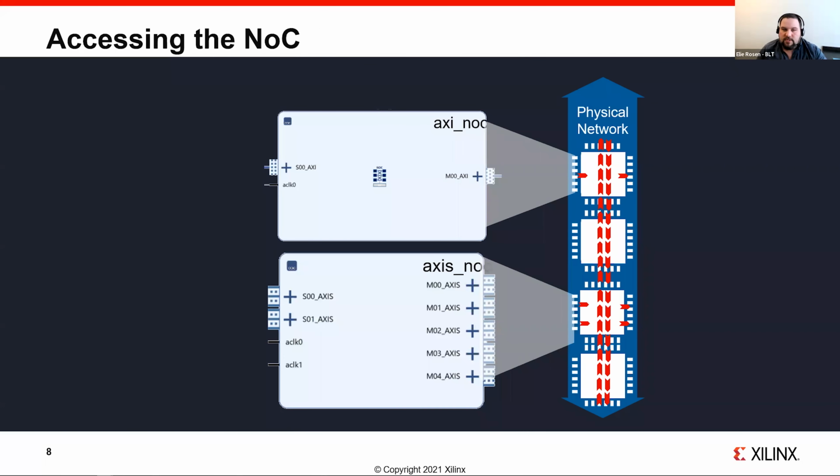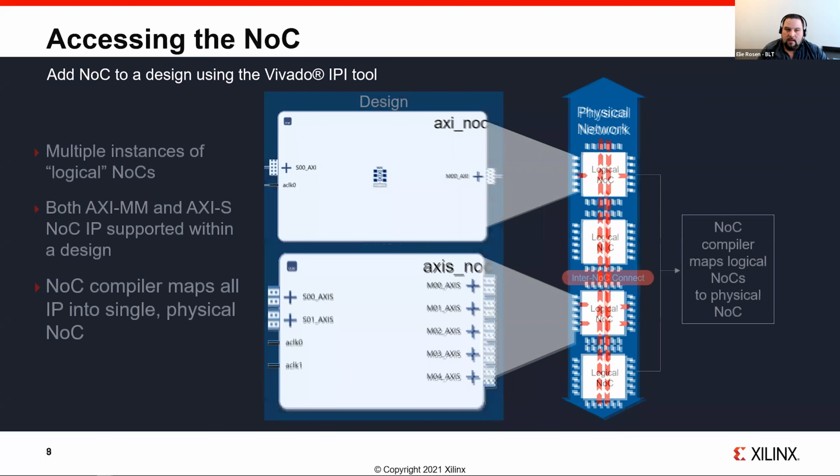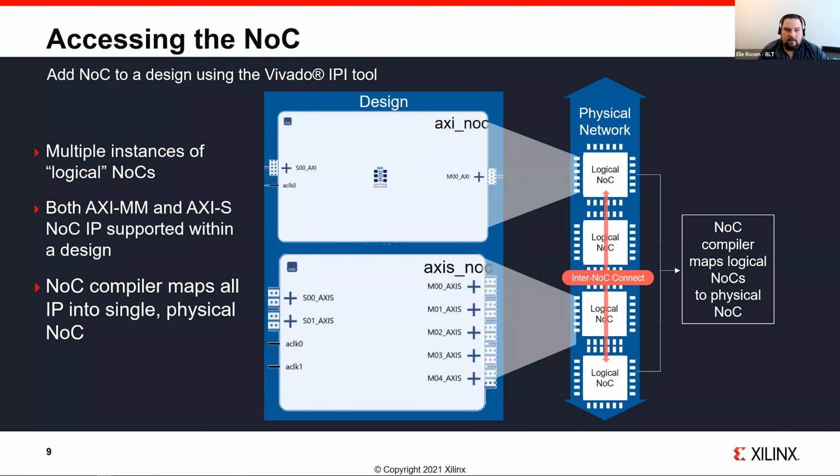So to the meat of what we're trying to do today: as a designer, how can you interface with this NoC? You do that by using the IP Integrator tool in Vivado. One of the interesting things about the NoC is that it is logical IPs that represent different chunks of physical silicon. Normally you might have one IP that represents, let's say, a single 10 gig Ethernet subsystem on a transceiver.